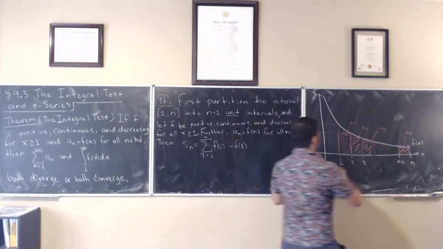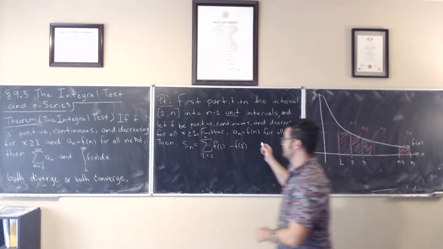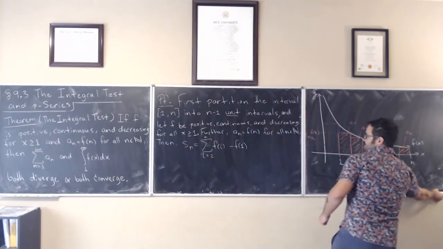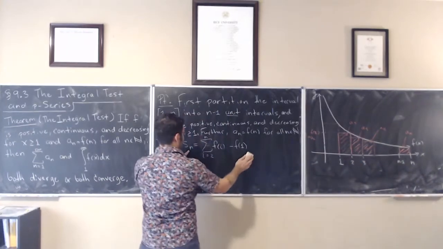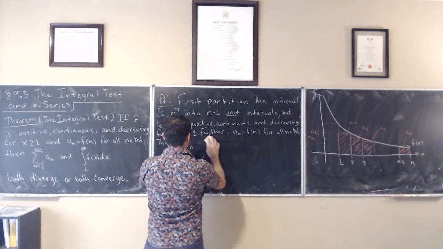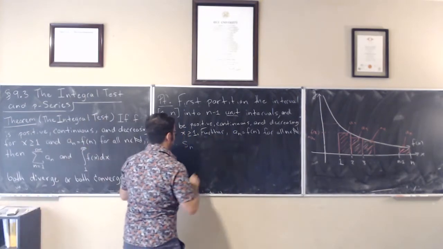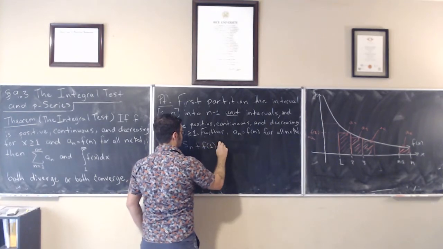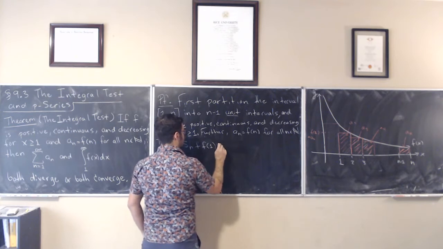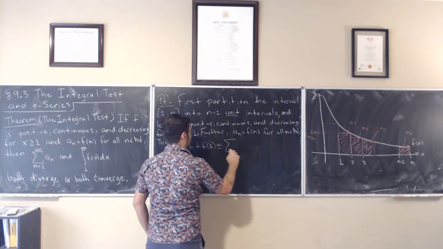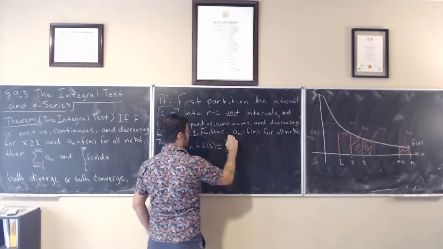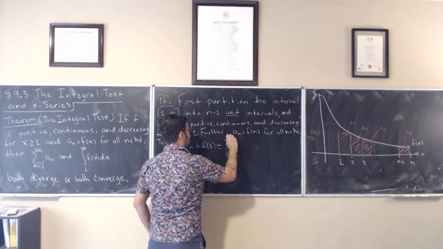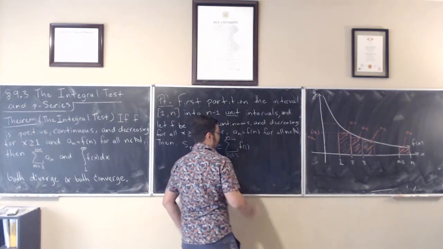But now we want to compare this to the area under the curve. So if I rewrite this, the nth partial sum is equal to this plus f at 1, and that's equal to the sum from i equal to 2 to n of a sub i.